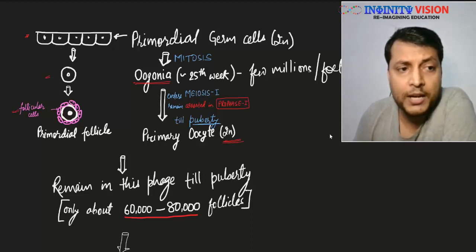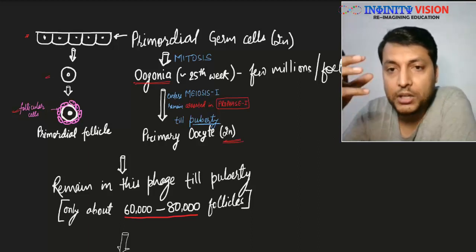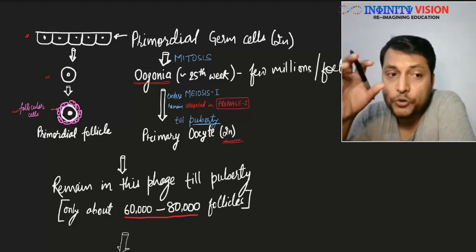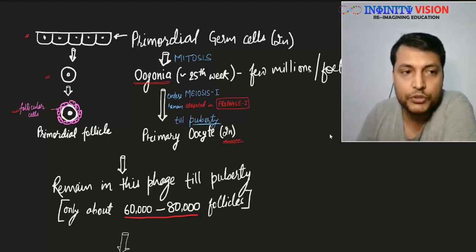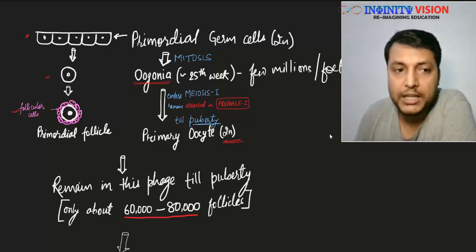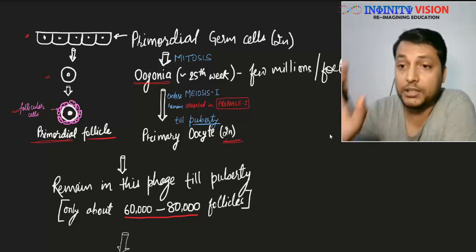Can you see this pink one? So they are surrounded by a single layer of follicular cells, and now this whole structure, having these follicular cells and the primary oocyte, is called primordial follicle.